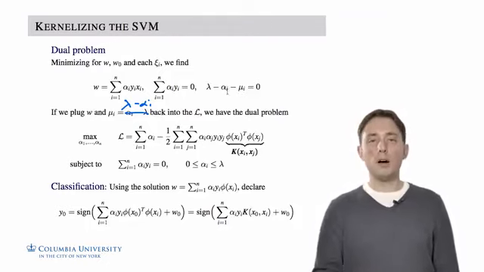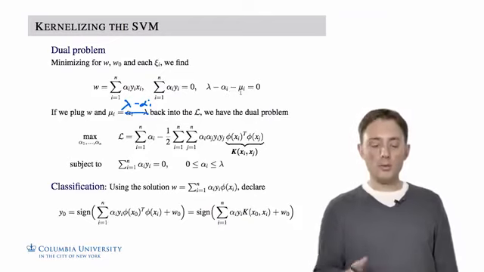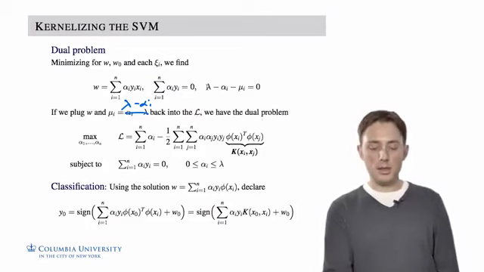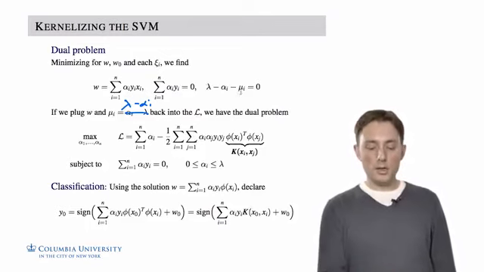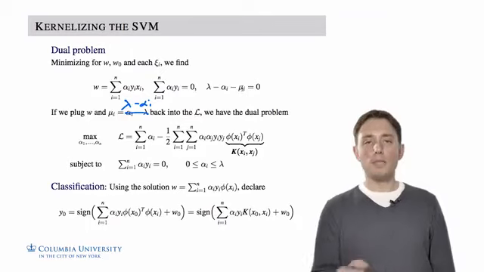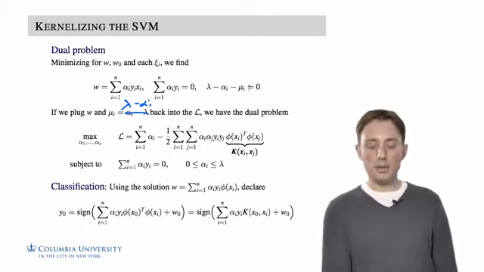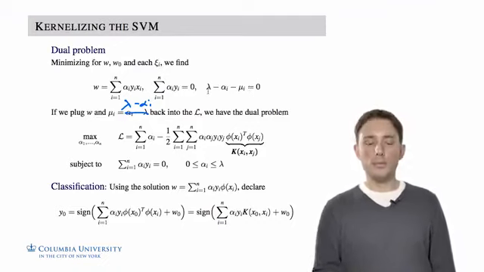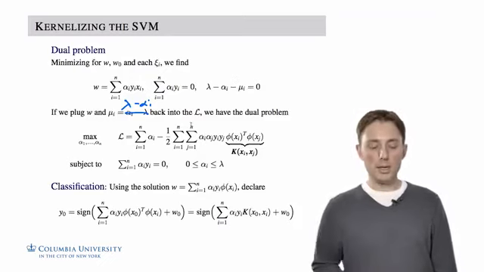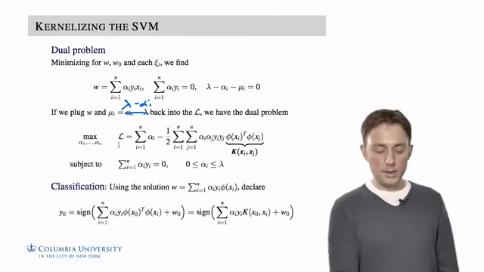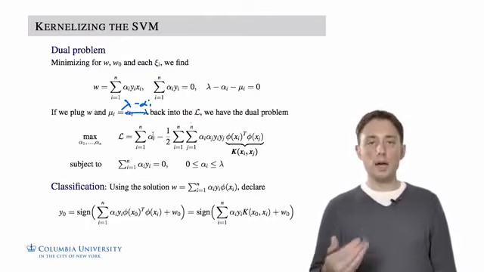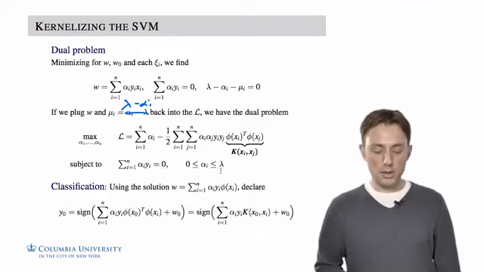So of course that means that if alpha I is greater than lambda, the only setting for mu I that would make it equal to lambda would be a negative number, which violates the constraint on mu I. So by the fact that mu I has to be positive, that means that alpha I has to be less than lambda, because alpha I plus mu I has to equal lambda according to this constraint, which we get by minimizing L over psi. So this is the SVM where we've now introduced slack variables. We have this as the only difference.